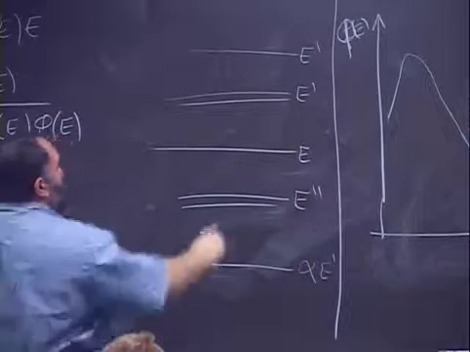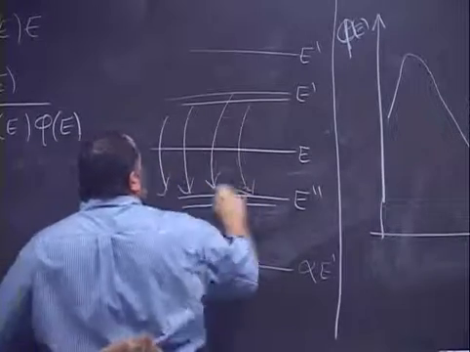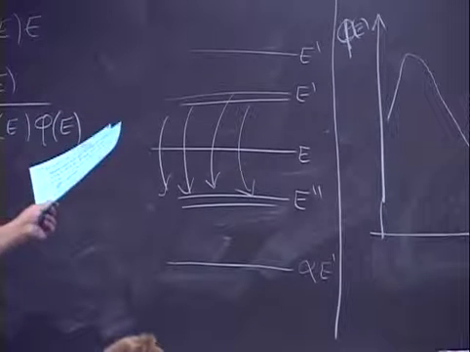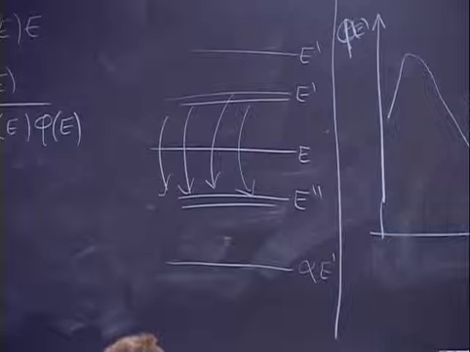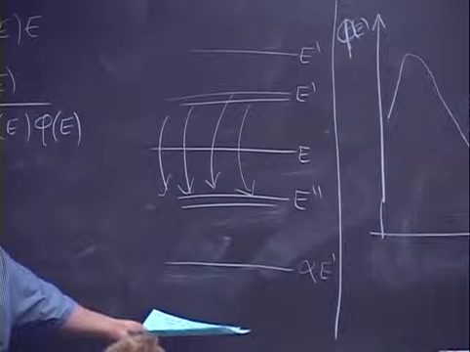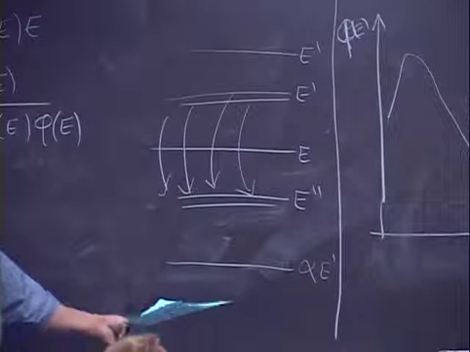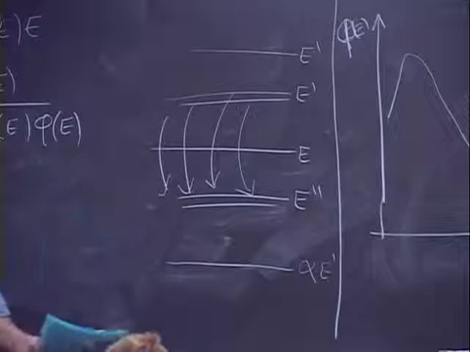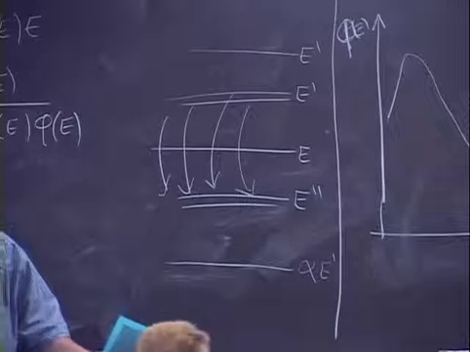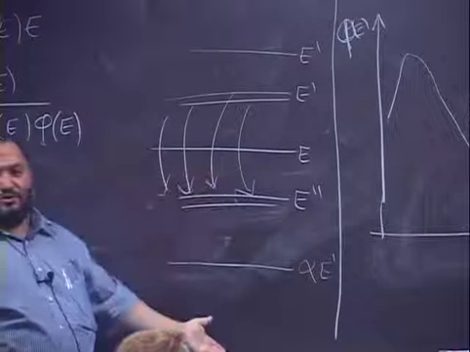So if you are slowing down below this energy E, all the neutrons that will be generated in the fission, because there is no absorption and there is no leakage, must reach the thermal energy at the end. They must. Where will they go? They will not be going anywhere as long as there is no absorption and no leakage. Yes?